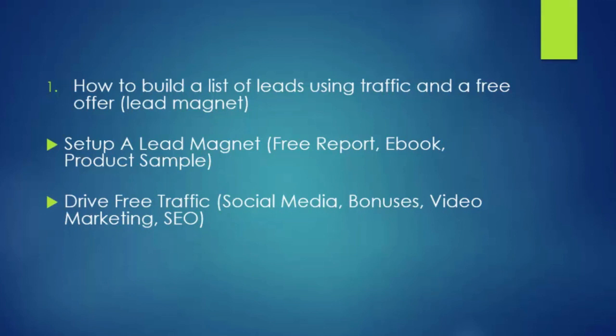Basically, we talk to other people who have products similar to what our people are interested in, and give away bonuses to them to attract traffic. We can drive free traffic from social media, where we promote our lead magnet, our free report page. With video marketing, we promote it on YouTube. We do SEO on our website, so people will come from Google. These are some examples of free traffic.